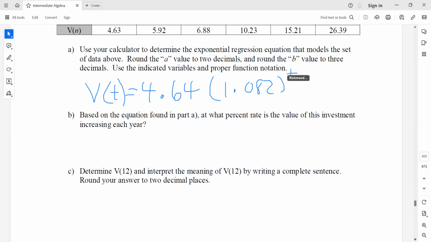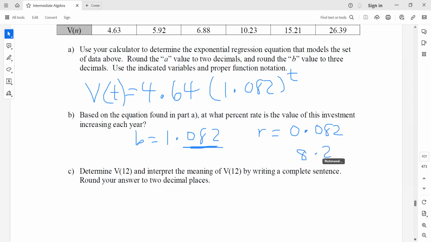So B is 1.082. So R is going to be 0.082, which is 8.2%.